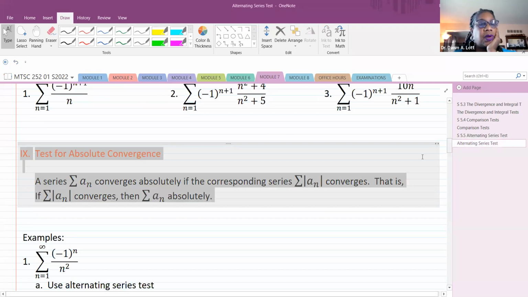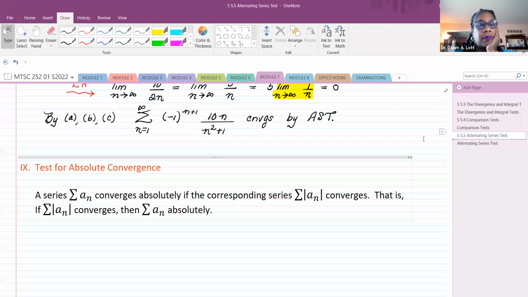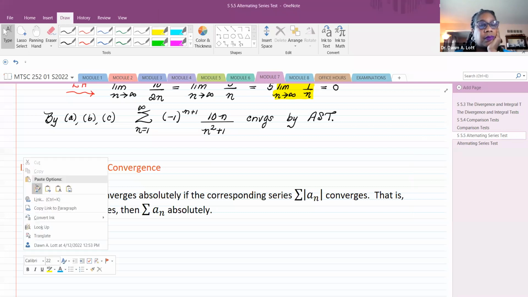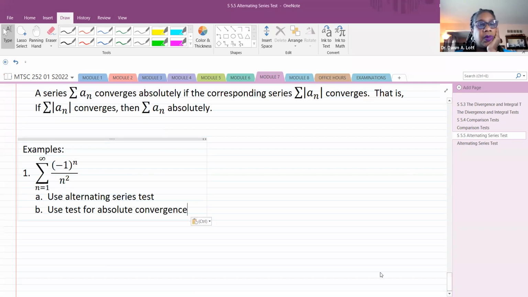Of course we have examples. Here's our first example. We're going to look at this series. It is an alternating series, so we can use the alternating series test to show that this series converges.